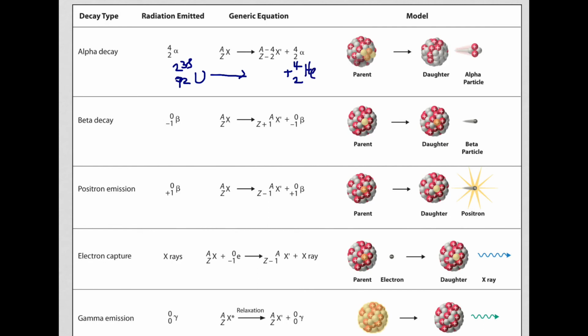Most of the time in the book, they tend to write alpha in this scenario to begin with, and then we don't really come back to alpha much. Beta's a little bit different, we'll look at that in more detail, but yeah, alpha's fine. Helium, also fine.